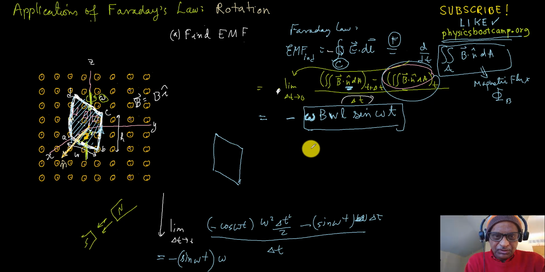At t equal to 0, this is B and this is n hat. And then at that point you have a maximum flux. So max flux at that time, right? Because everything is together. So now at a little bit later time, this guy is rotated a little bit more, maybe.